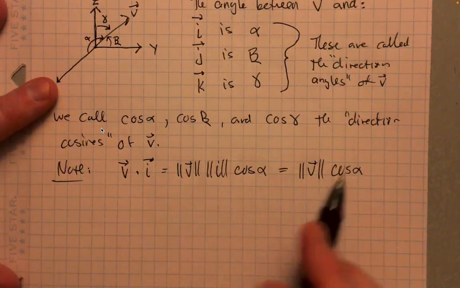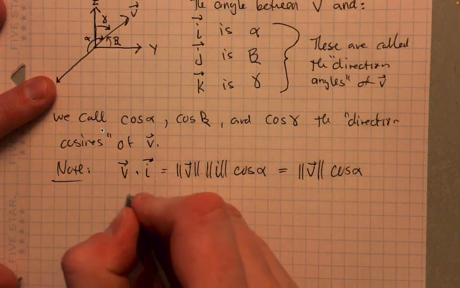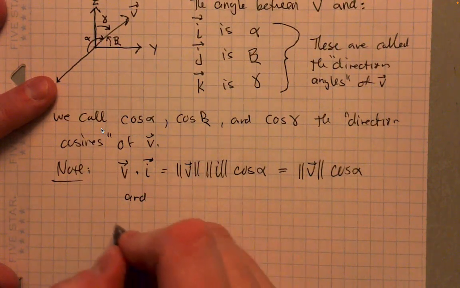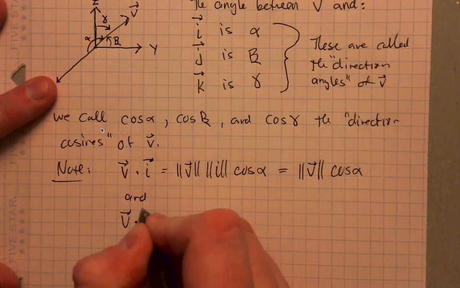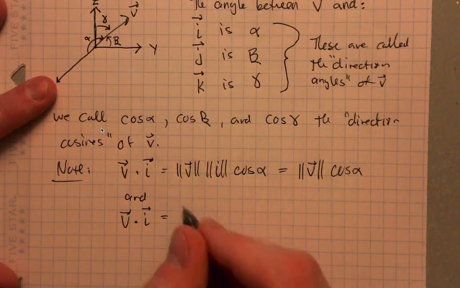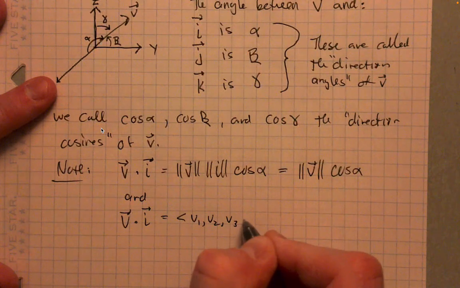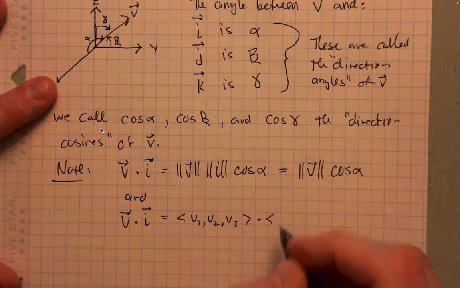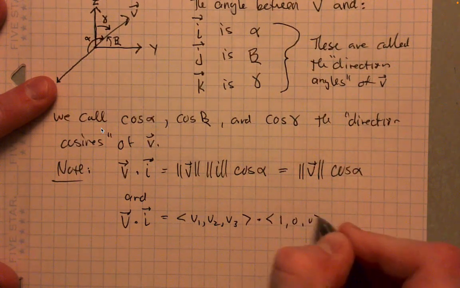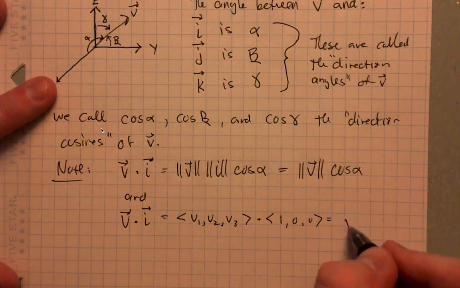Notice also that v dot i is just v1, v2, v3 dotted against 1, 0, 0. So it's just v1.